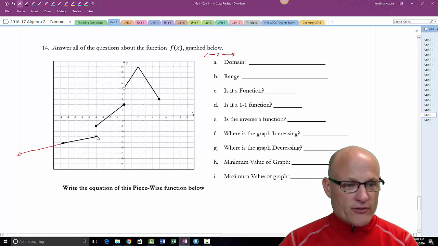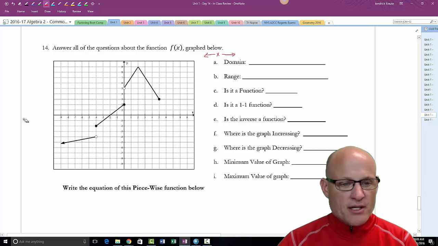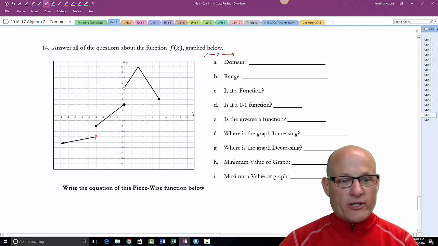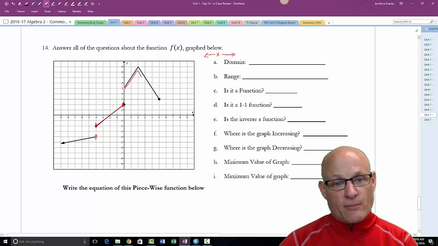So as I do this, let's see. As I come across, I go negative infinity all the way up to and including -4. But at -4, that's an open circle. But wait, we include -4 up here. So including all of these values up to and including 0. But after 0, it jumps up here, and we still get no breaks all the way up to and including 5.